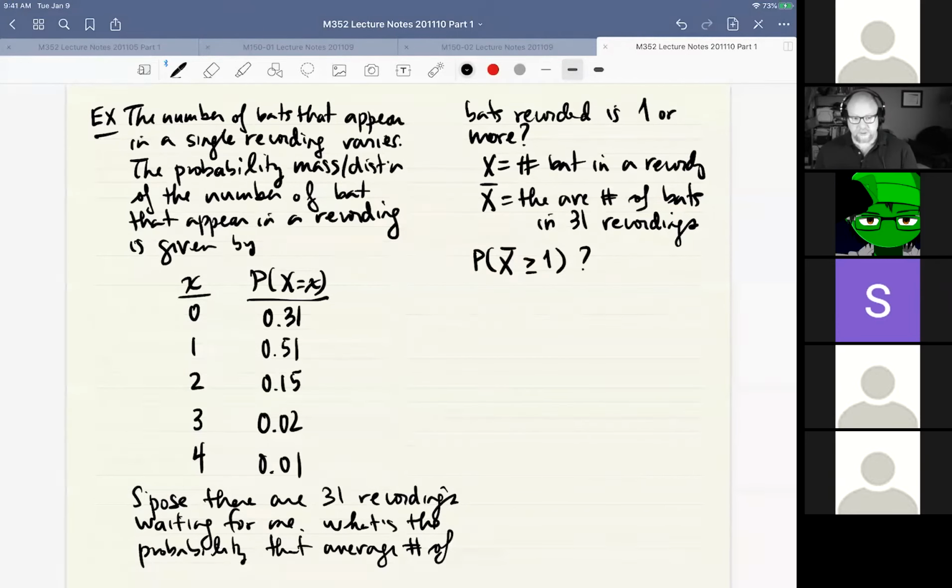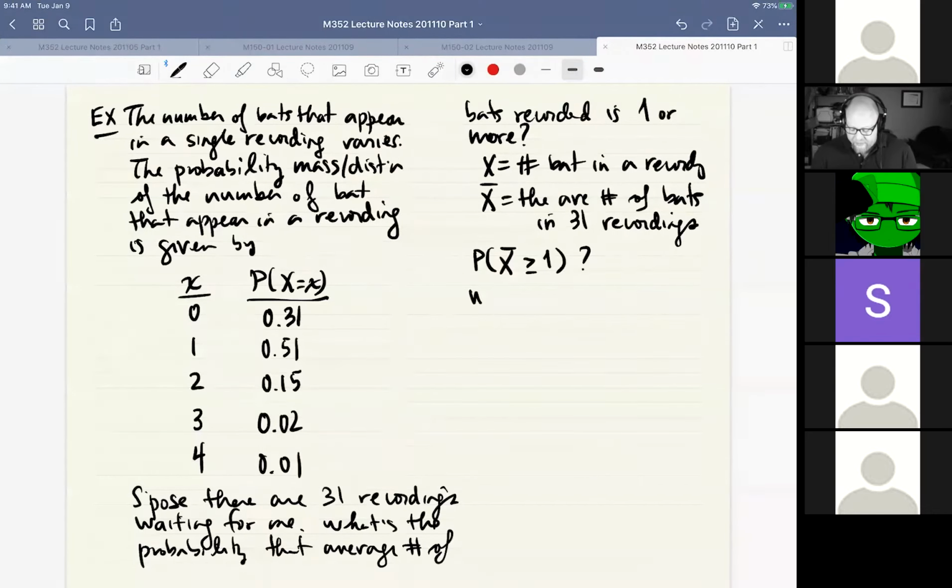All right, let's use the central limit theorem. To use it, which tells us something about the distribution of the sample mean, I need to understand the distribution of my original random variable.